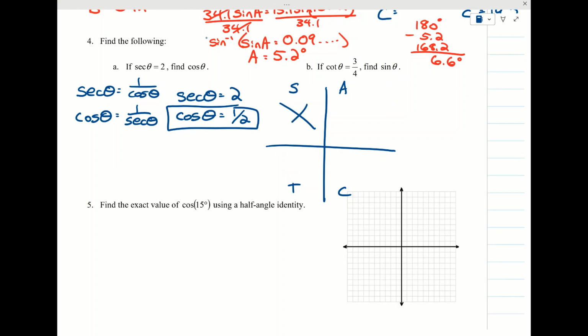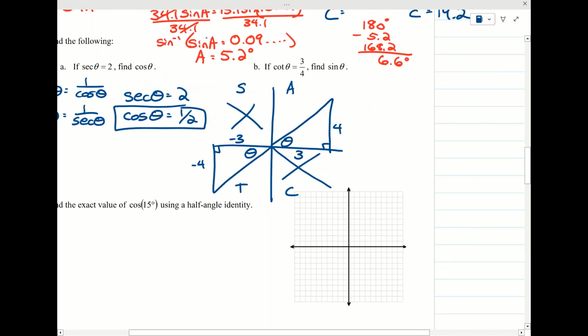So what we're going to do is we're going to draw triangles in 1 and 3 whose cotangent would be 3/4. Just remember, anytime you go left or down, that side is negative. So once we draw a triangle based on cotangent being positive 3/4, we could figure out the hypotenuse.